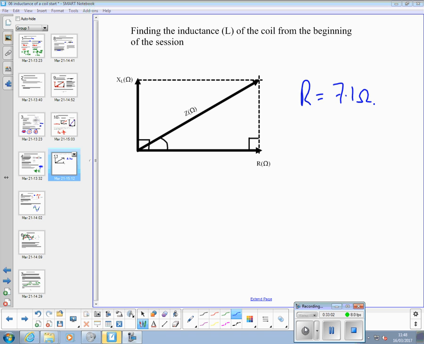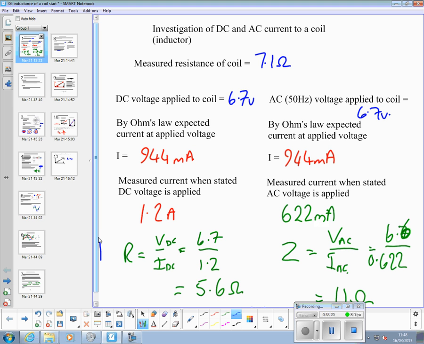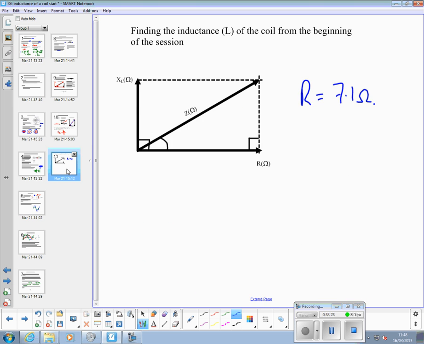Yeah. We haven't got an XL value. We can't measure that, right? Is that the resistance that came from passing DC current? This one down here. 5.6 ohms is the one we want. I'll try the one with the ohm meter. We're at 5.6 ohms, because that's what was the resistance to that DC current, yeah?